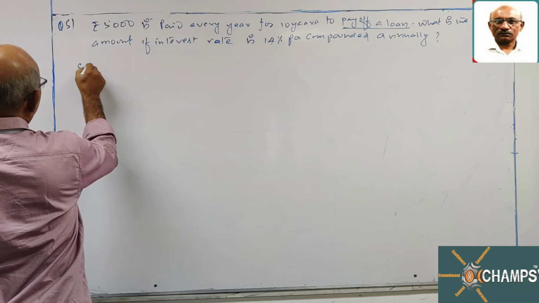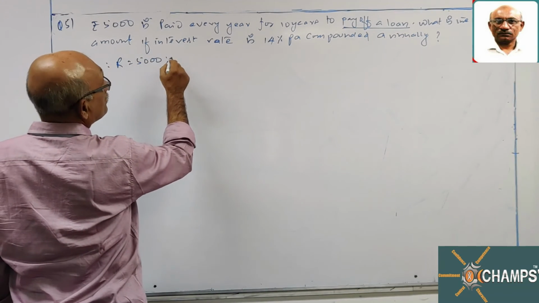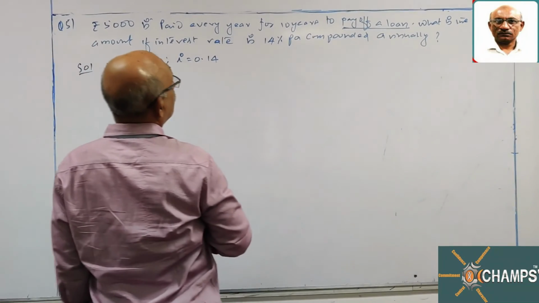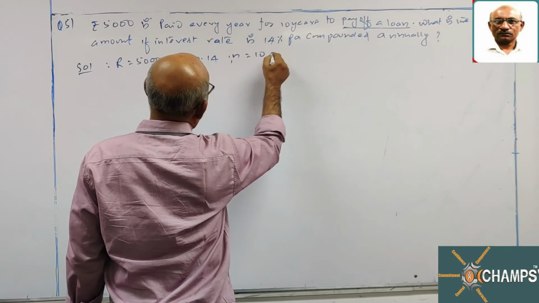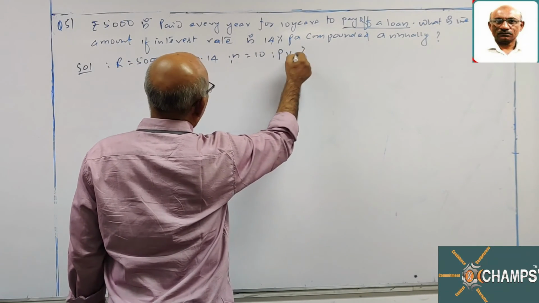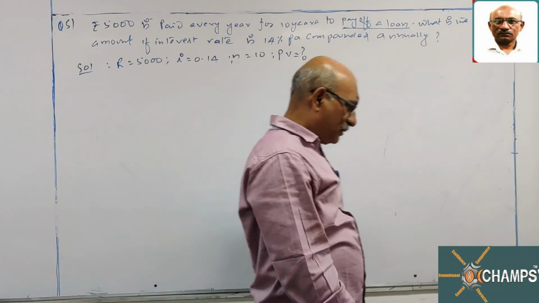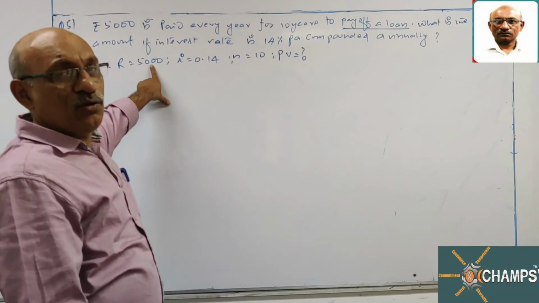So here, R is equal to 5,000. I is equal to 0.14. N is equal to 10. Present value. What is the loan value today? You are paying 5,000 rupees to repay a loan.